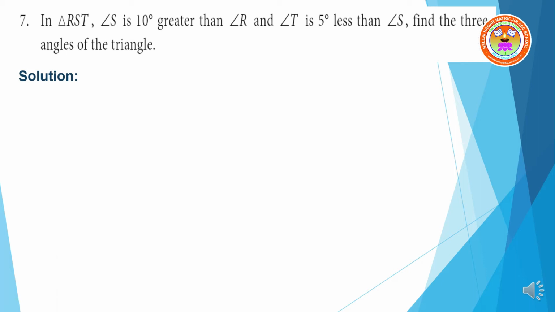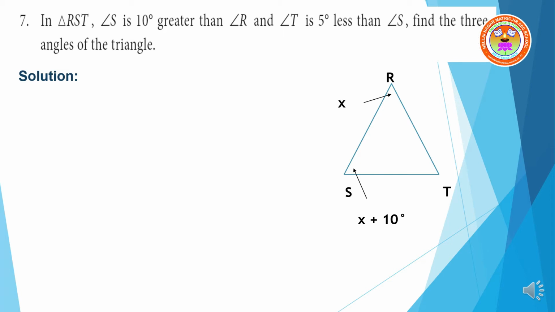Since it is given as triangle RST, let us draw a triangle and name it as R, S and T. Now, it is given that angle S is 10 degree greater than angle R and angle T is 5 degree less than angle S. So, let us take angle R to be X. And angle S is 10 degree greater than angle R, so that can be written as X plus 10 degree.